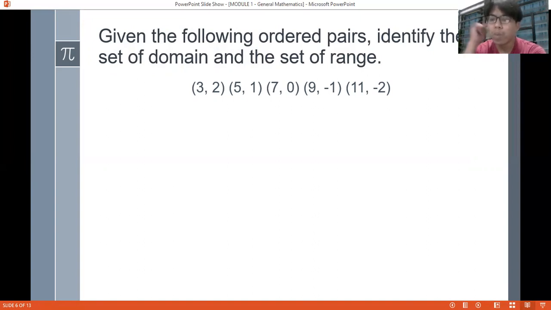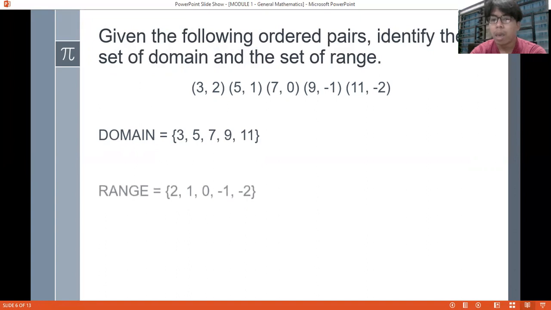So how can we identify the set of domain and the set of range? The domain here is 3, 5, 7, 9, 11. And for the range, we have 2, 1, 0, -1, and -2.